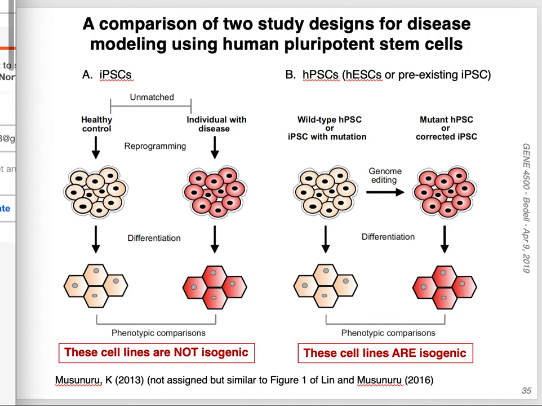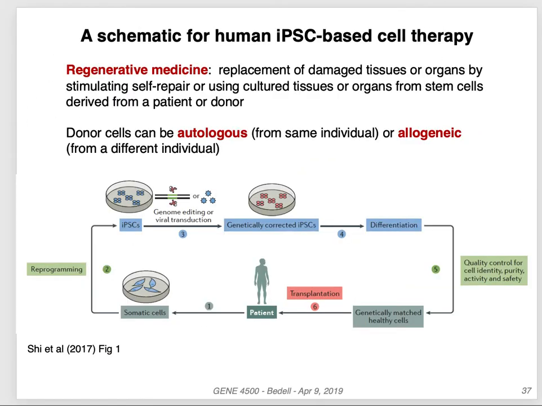So, we've got 2 different kinds of approaches. Regenerative medicine: you take those iPSC cells from a patient that has a genetic disorder, you correct the mutation, those cells you can transplant back into the patient, and there's no immune reaction against them because they're autologous.